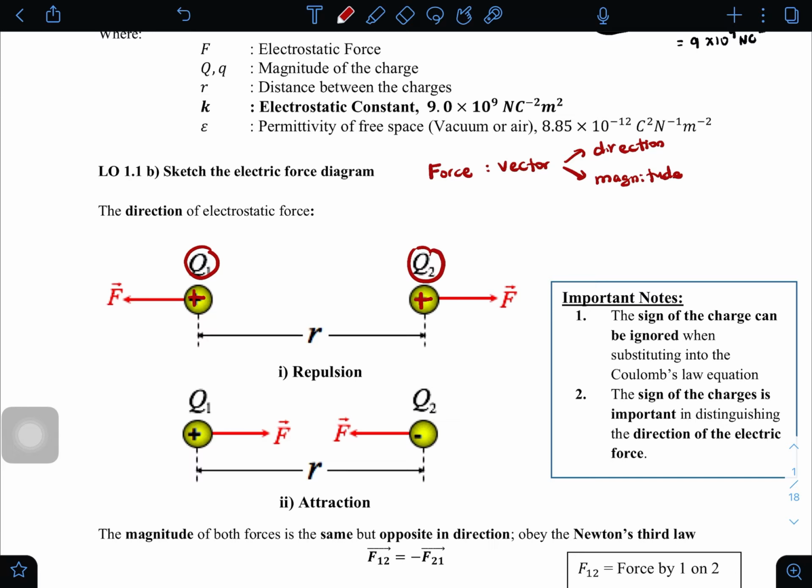I know that positive meeting positive will repel. If they repel, there will be a force, so we call it a repulsive force.